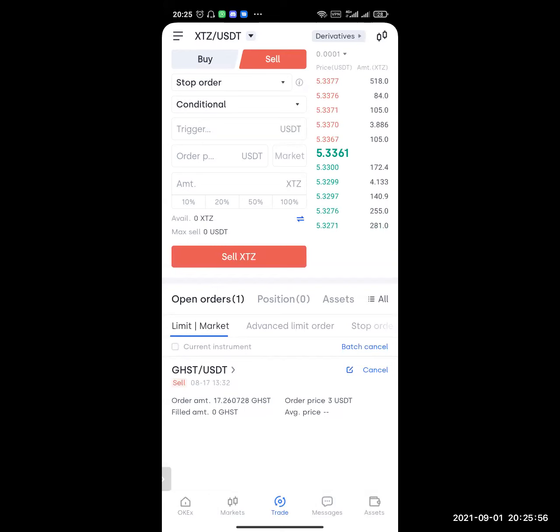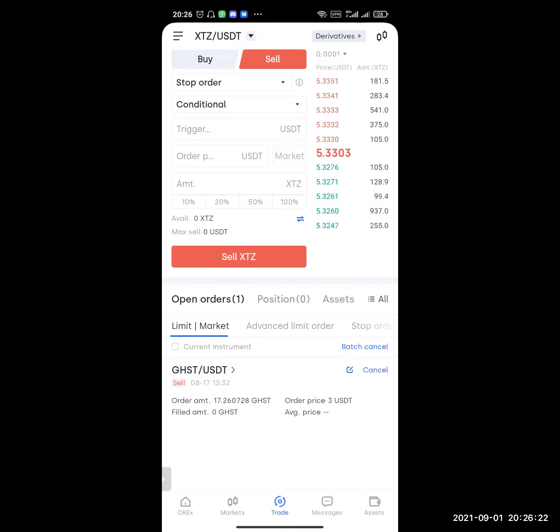Under conditional, we have two prices here: trigger price and order price. Trigger price is the price that, when the market hits it, triggers the order. And then when it gets to your order price, it should book and close the trade for you. Now, you are not on loss, you're on profit. It might not reach your expected profit, but at least you don't lose anything. Do you understand?